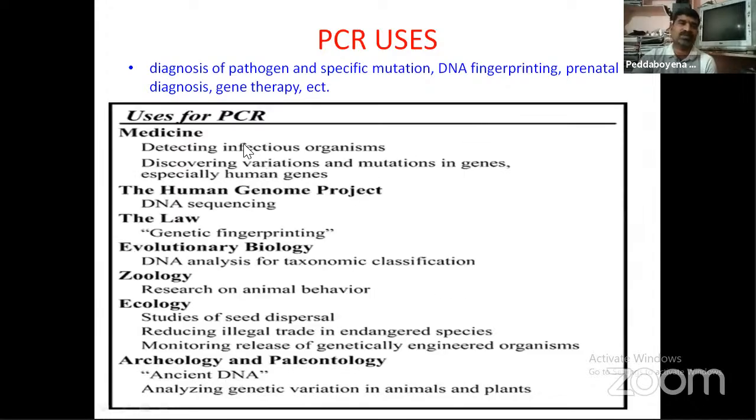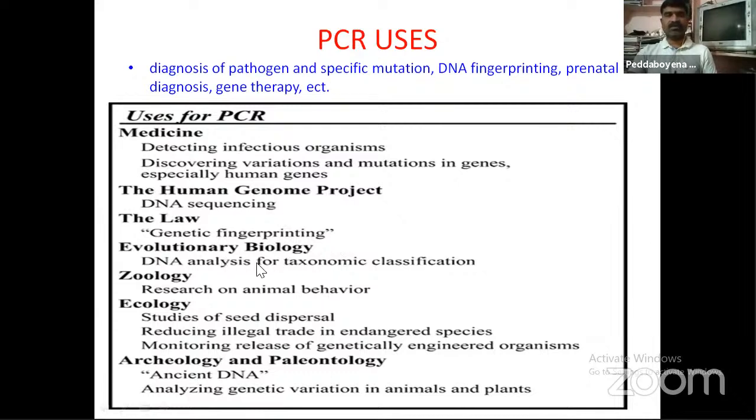So here you are observing uses of PCR in medicine: detecting infectious organisms and discovering variations and mutations in genes, especially human genomes. So in medicine, that is the PCR use. And the next one, the Human Genome Project in DNA sequencing, and forensic genetic fingerprinting.